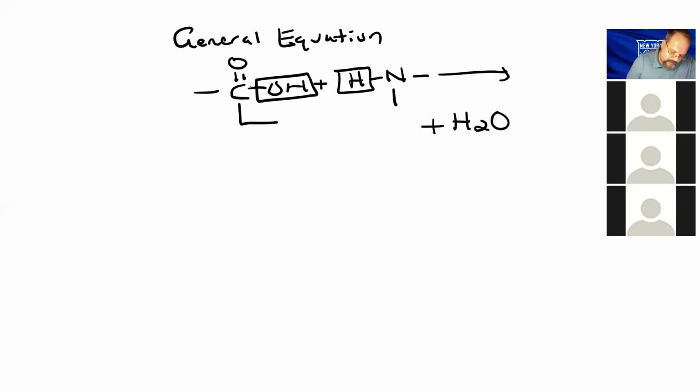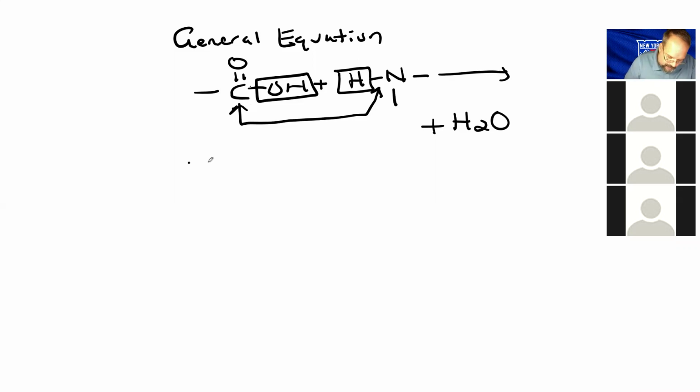The bond formation that you get is a bond between the C double bond O carbon of the carboxylic acid to the nitrogen of the amine. That's the connection. These 2 pieces are going to come together where you're going to have a bond between the C double bond O carbon of the carboxylic acid to the nitrogen of the ammonia or the amine.